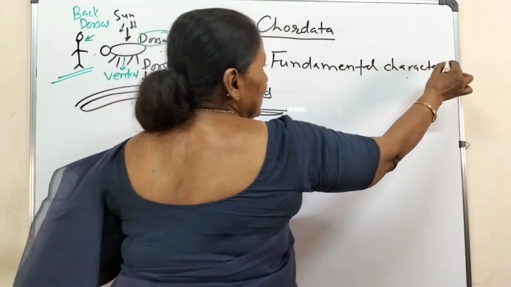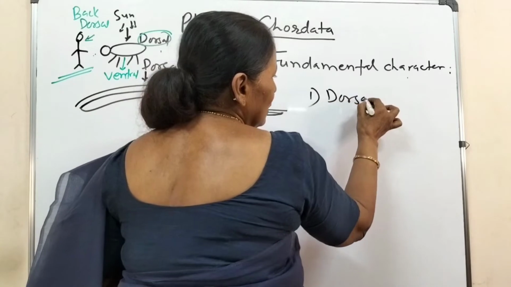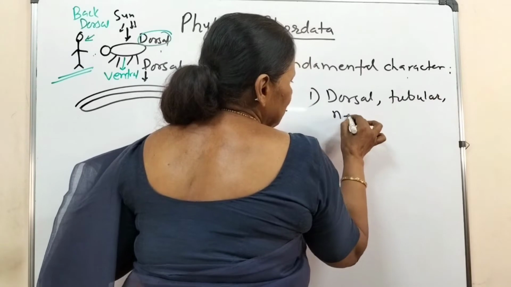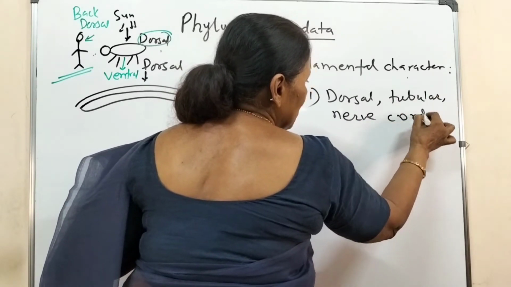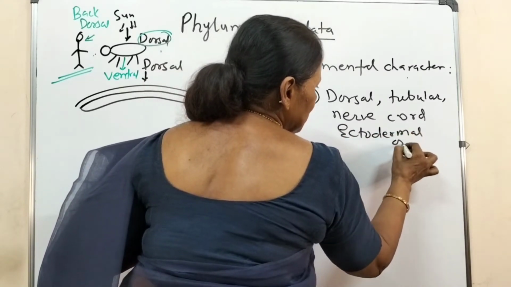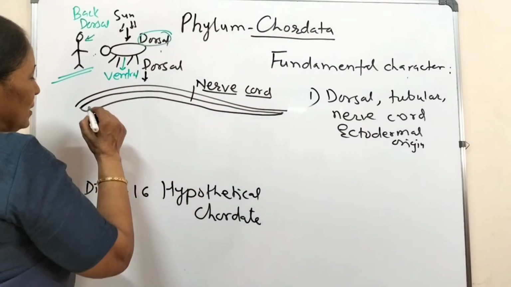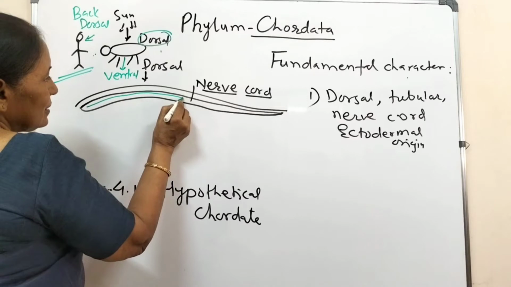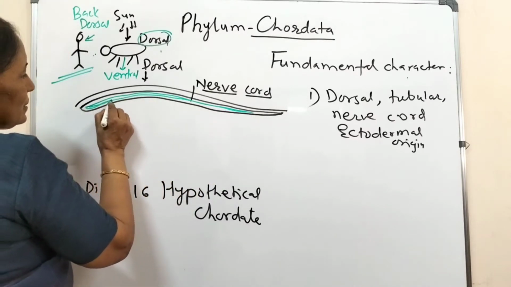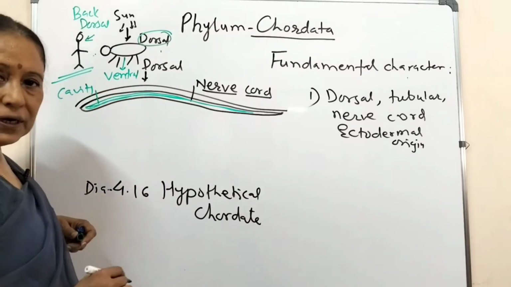These 3 fundamental characters, first is that it has a dorsal tubular nerve cord, and this nerve cord is of ectodermal origin. Fine. And this is hollow, so we draw this cavity inside. This is the cavity inside the nerve cord.